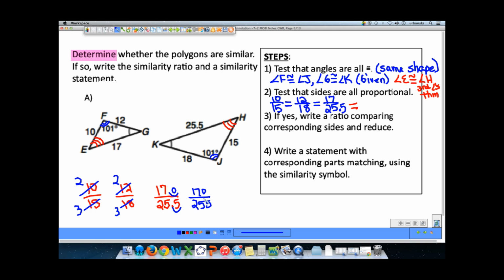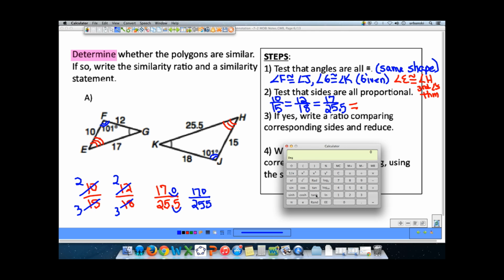You can do that. You can divide by 5, and you can keep going until you get down to the simplified form. But remember, we're trying to see if it equals 2/3. So we can use shortcuts. We can use that hint to help us. Let's see if we can get 170 to reduce down to 2. 170 divided by 2 would be 85.